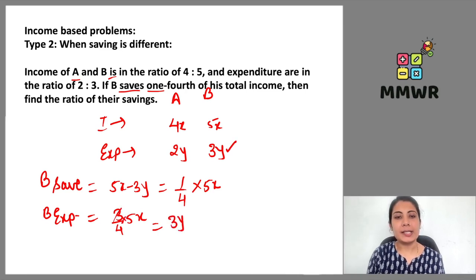Let us simplify this, and this gives the ratio of x and y, which is 4:5. So the value for x will be 4a and the value for y will be 5a. Quickly we will be multiplying here.